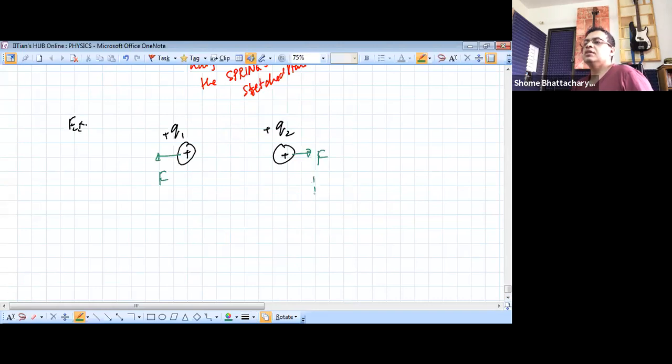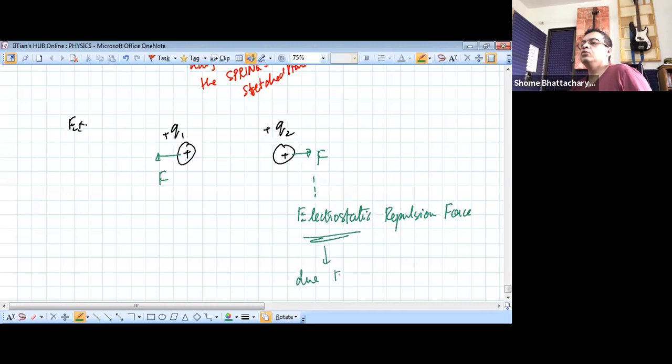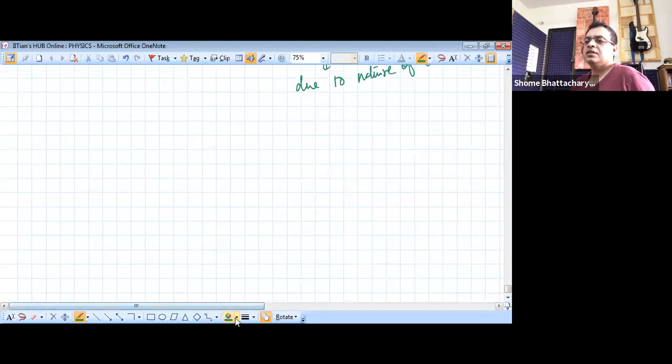So this would be an example of what we call electrostatic repulsion force. So this force comes due to the nature of charge, which is a fundamental property that acts in bodies.